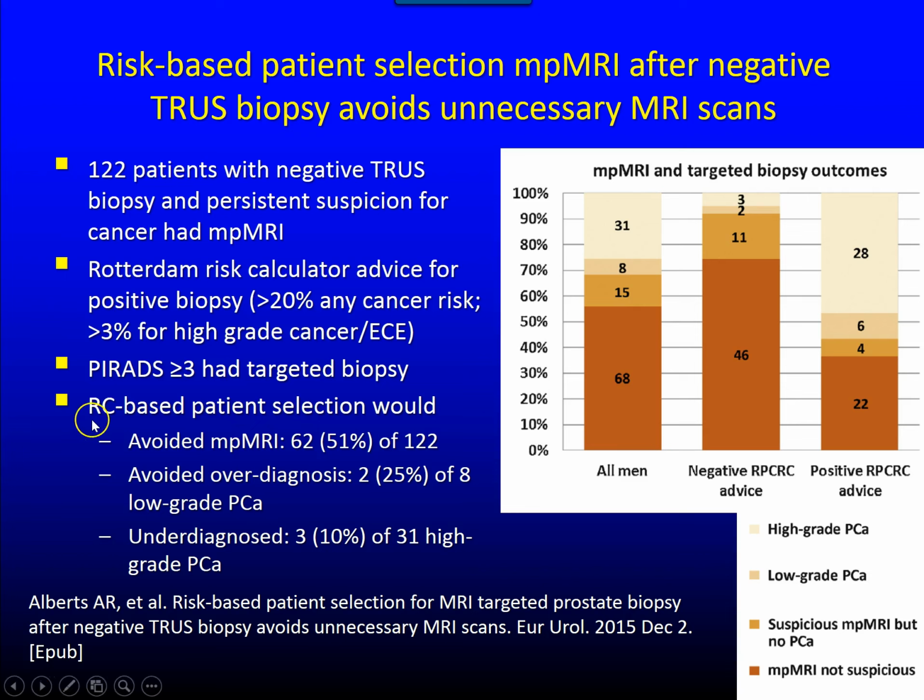Interestingly, if you had used the risk-based approach, which I have just suggested, it would have avoided an MRI in half of the patients, would have avoided overdiagnosis in 2 of 8 patients with low-grade disease, but would have underdiagnosed 3 of 31 patients with high-grade cancer. In other words, there seems to be some data building for the use of a risk calculator before the use of an MRI. And I guess we watch this space for future data to emerge.